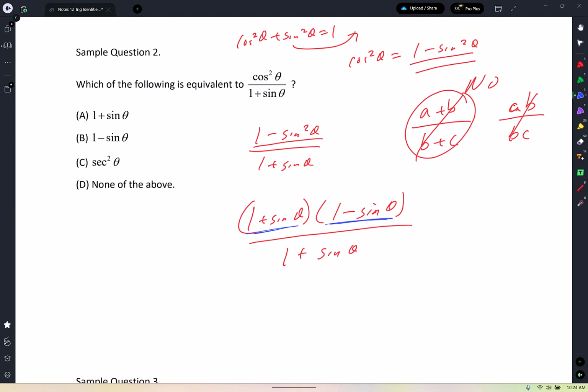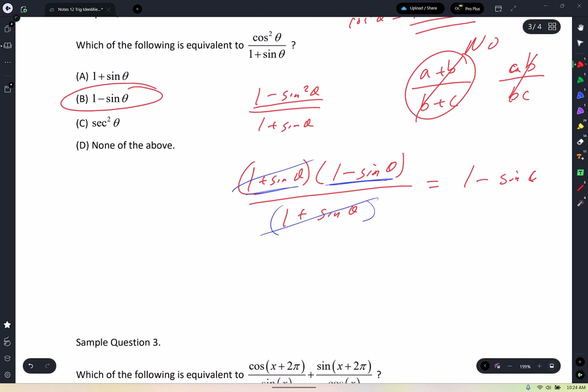That's a product. 1 plus sine times 1 minus sine, that's a product, divided by 1 plus sine. So now you can take those two out. Not take them to a restaurant, like just delete. Cool or not cool? So all you have left is 1 minus sine theta. And then I look for that. Did that make sense, guys? Okay, let's go to the next one.